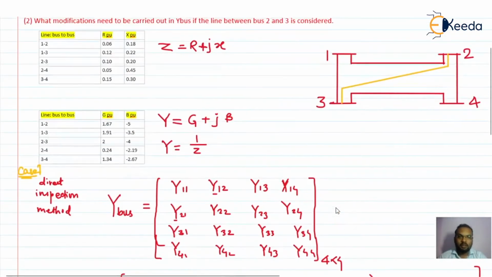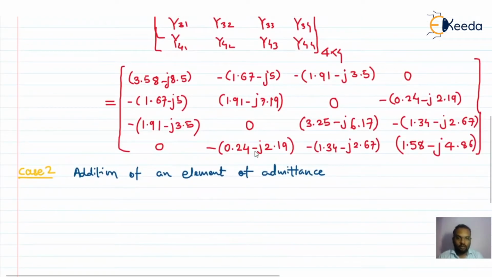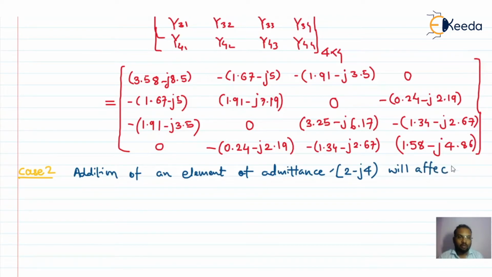Now, what is the admittance of the line which is between buses 2 and 3? It is 2 minus j4. Addition of an element of admittance 2 minus j4 will affect... We should not directly consider whom it is going to affect.